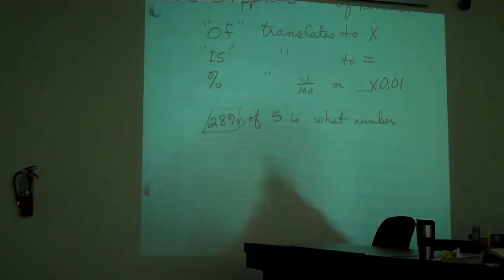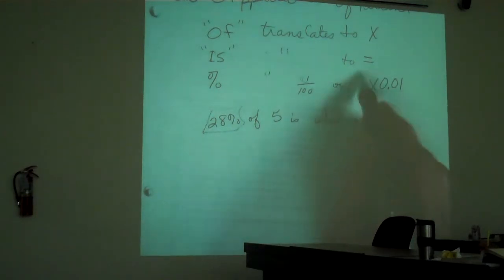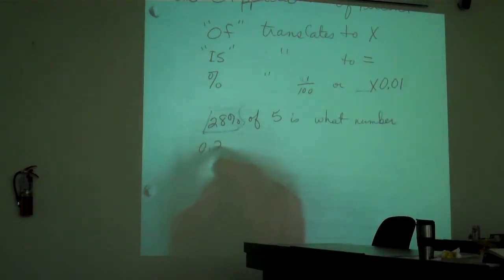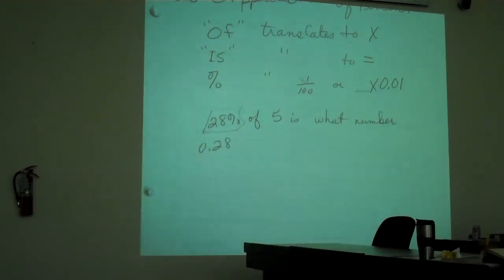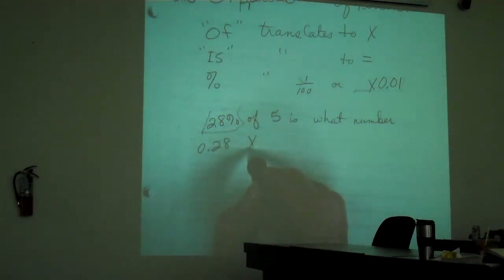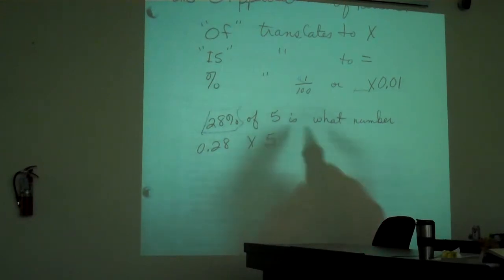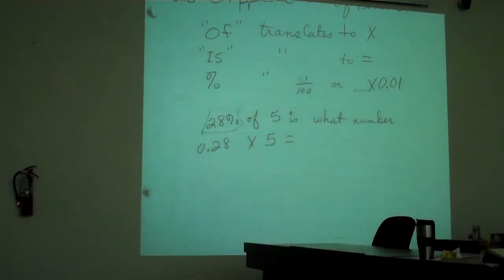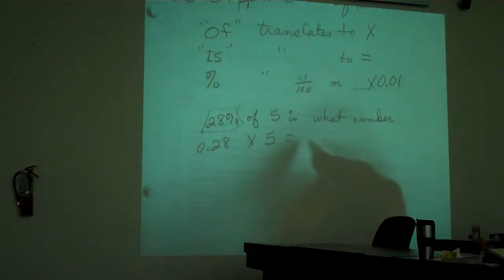So 28 times 0.01 is 0.28. That's just moving your decimal back twice. Of translates to multiply. Of 5 is translates to equal. Is what number?